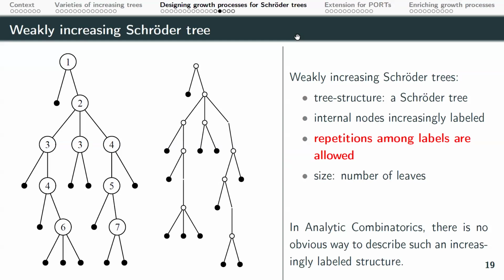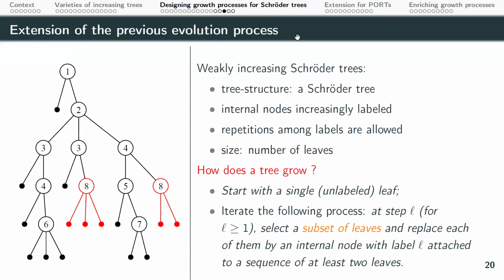And so using this kind of tree, we have no classical analytic combinatorics tool to specify such a structure, because classically we cannot have repetitions among the labels. But using our growth process, it's not hard to have repetitions.